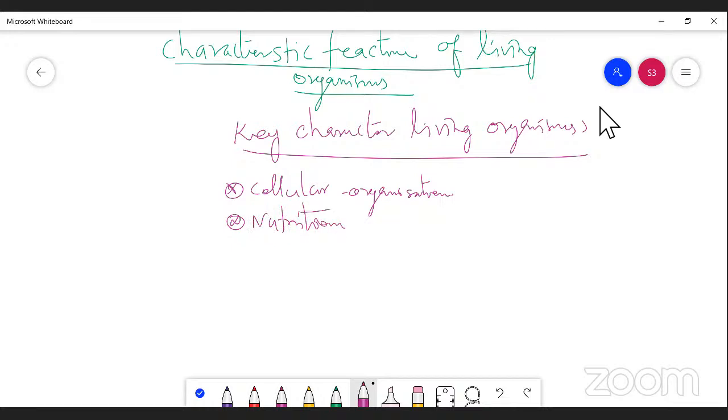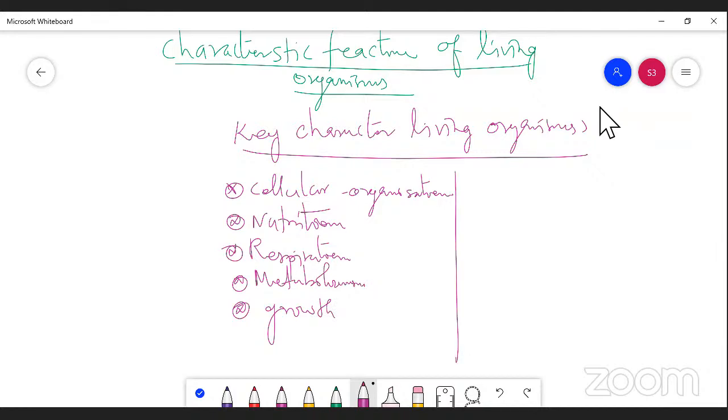Third, they must do respiration. Fourth, they must carry out metabolic processes, metabolism. Fifth, all living things must grow, externally or internally. Another one is response to stimuli.